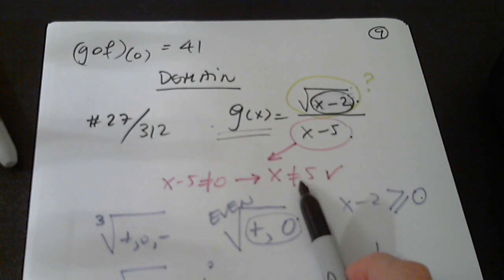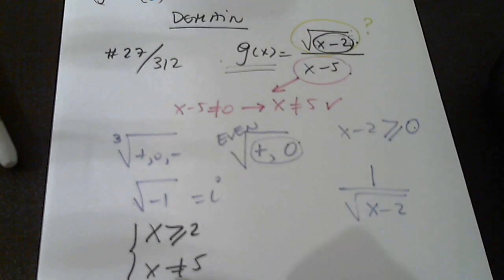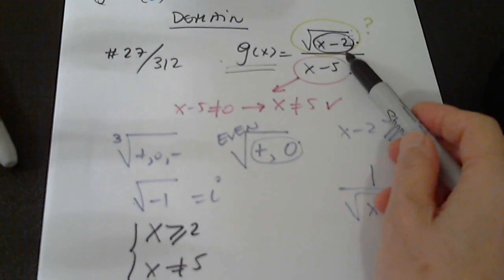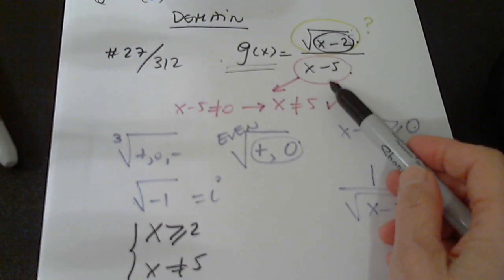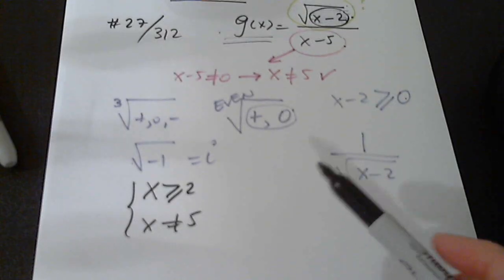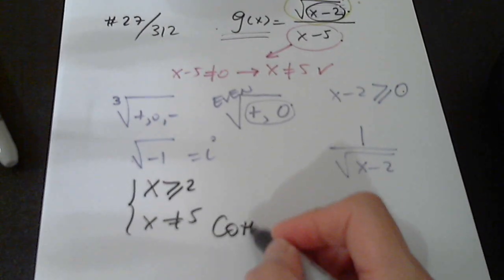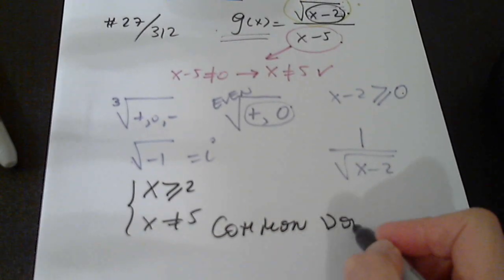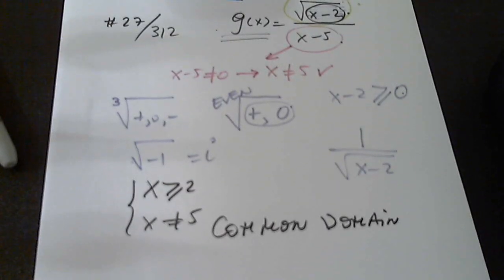Therefore, we had to exclude 5. So we have two conditions, one coming from the numerator and one coming from the denominator. Good. So we have to find the common domain. The values have to be greater or equal to 2, but cannot include 5.